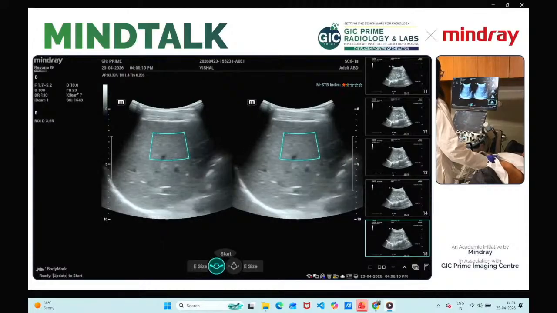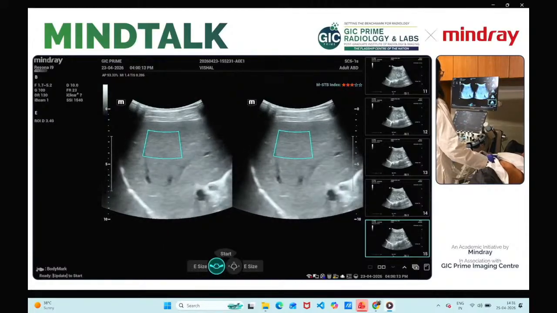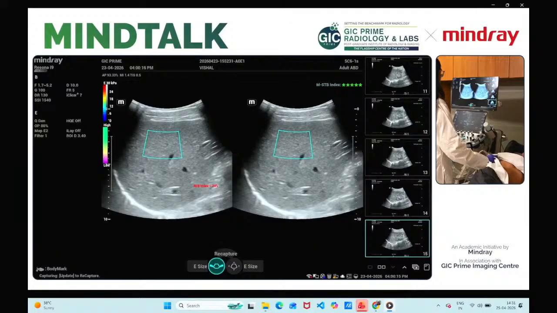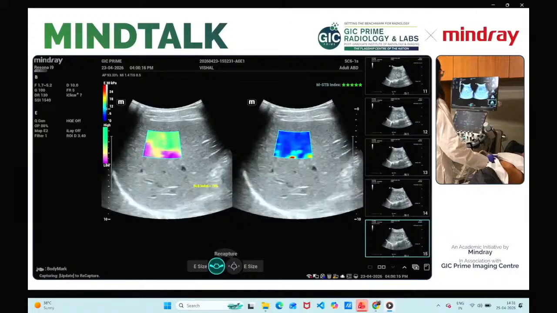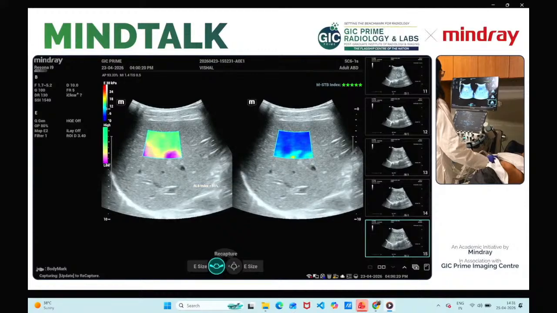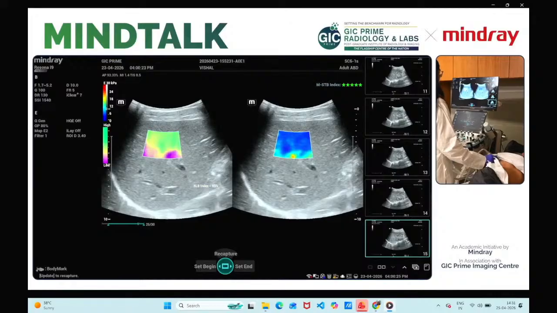I am taking another measurement. Here we can see that the motion stability index shows 5 green stars and the reliability index is also good. So I am taking measurements here.